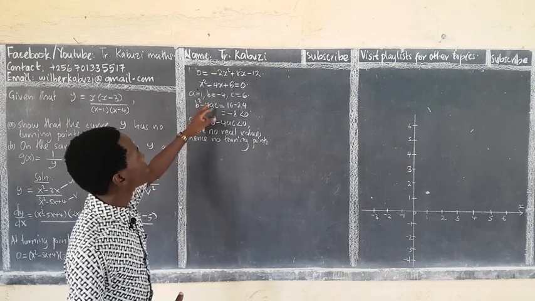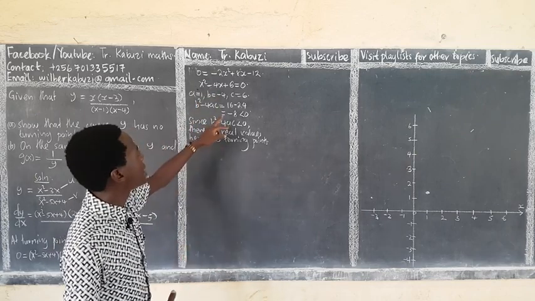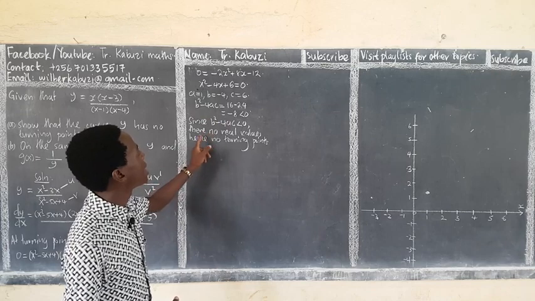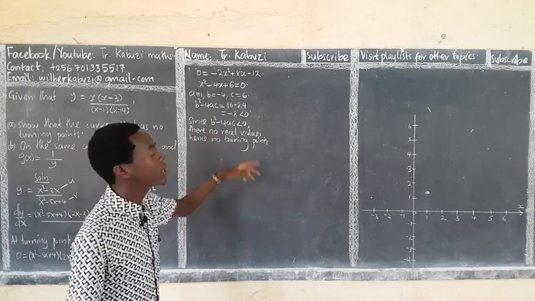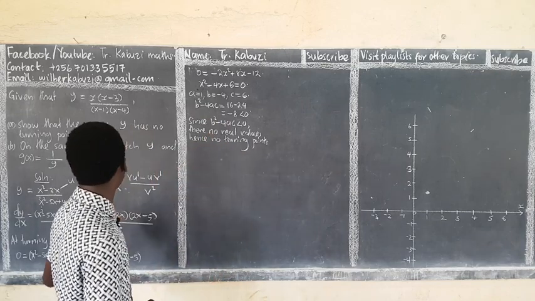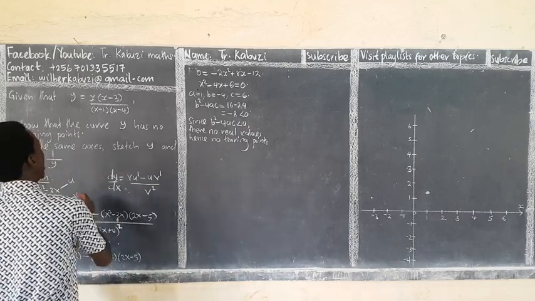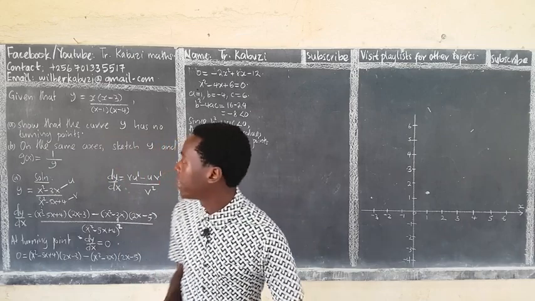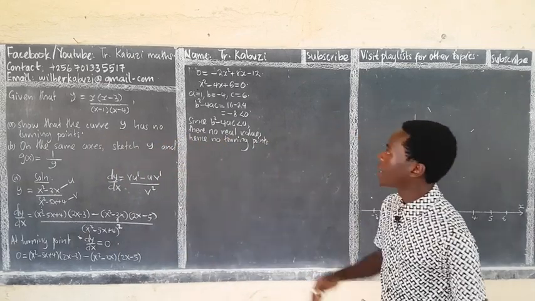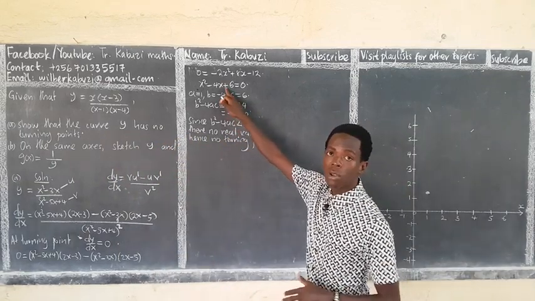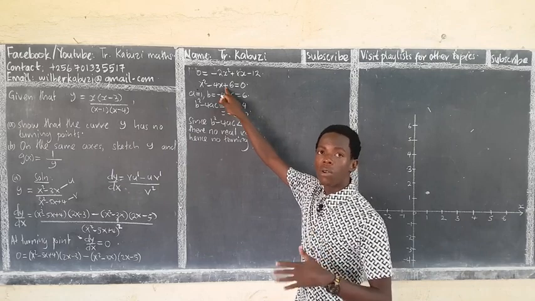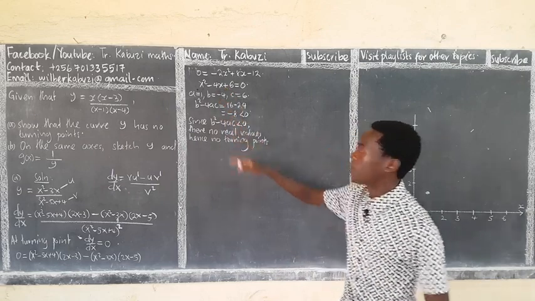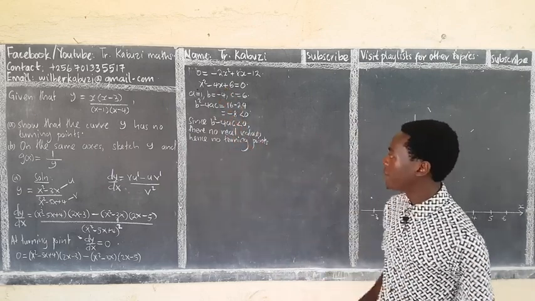Since the discriminant of this quadratic equation is less than 0, there are no real values, hence no turning points. So now we have finished part A. We have shown that the curve has no turning point. That's how we conclude there, because this one is going to give us non-real roots or complex roots. So it can never have real values.